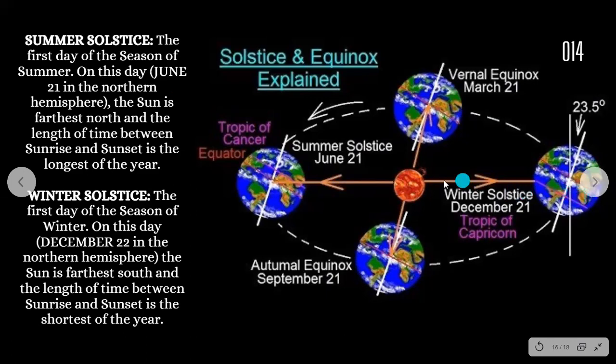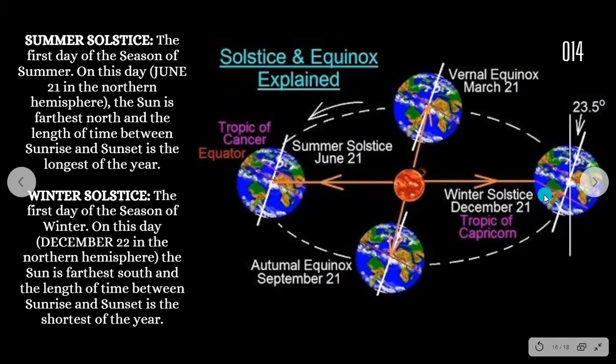Whereas during the summer solstice, what was happening? The northern hemisphere was experiencing the longest day and the shortest night on 21st June. During winter solstice on December 21, the southern hemisphere experiences the longest day and the shortest night.